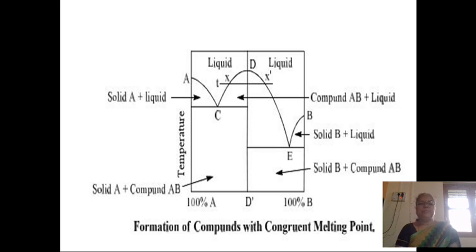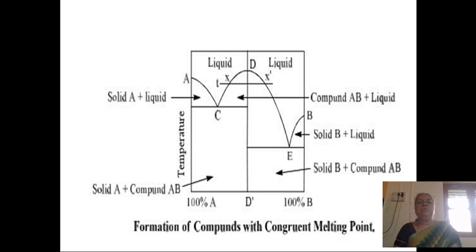And here the two component systems with formation of congruent melting point means, suppose we have a solid A and solid B. These are the two pure solids, and by the combination of these two pure solids a third solid, that means AB compound, is formed.